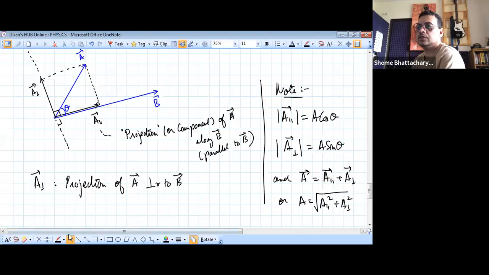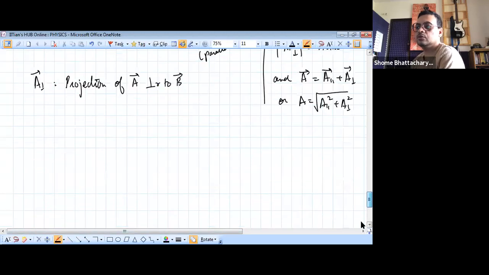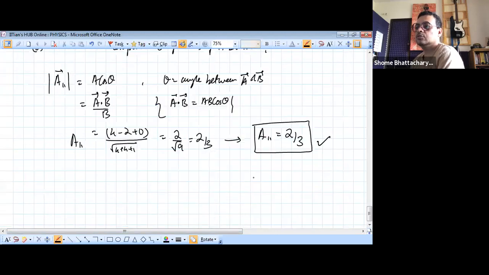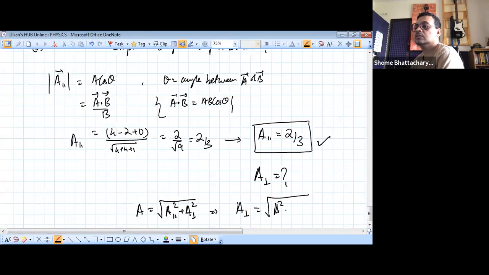Okay, so that's what we are going to use in the question now to find the perpendicular component. The parallel component has come. So how will we find the perpendicular component? For the perpendicular component we'll use the formula that A's magnitude is square root of A parallel squared plus A perpendicular squared. So A perpendicular will be square root of A squared minus A parallel squared.